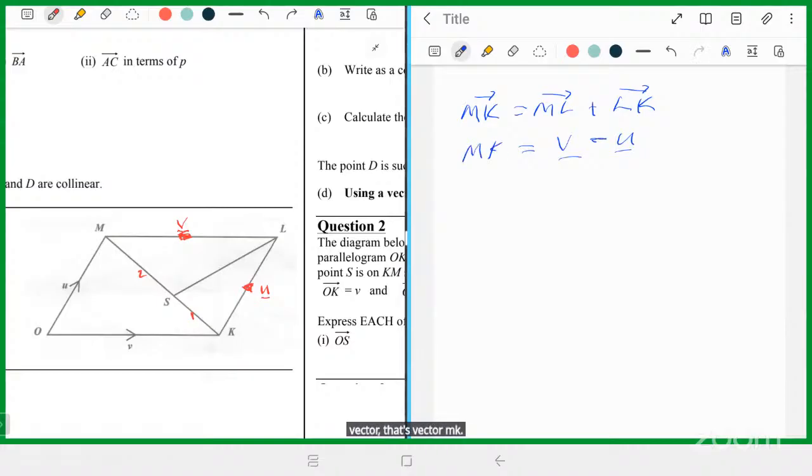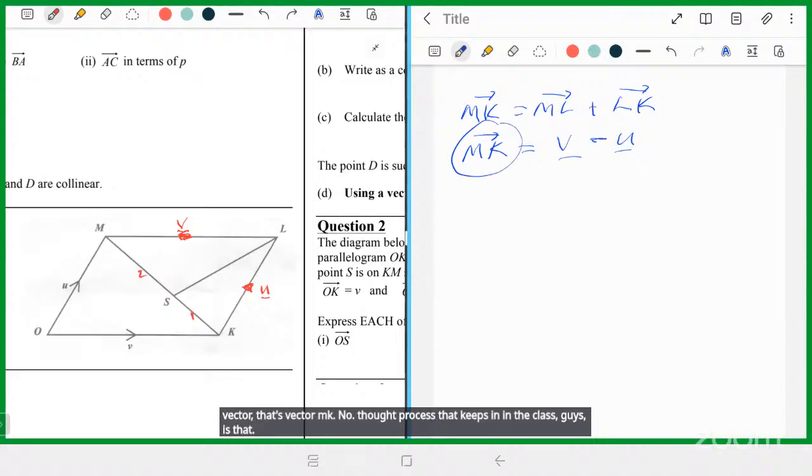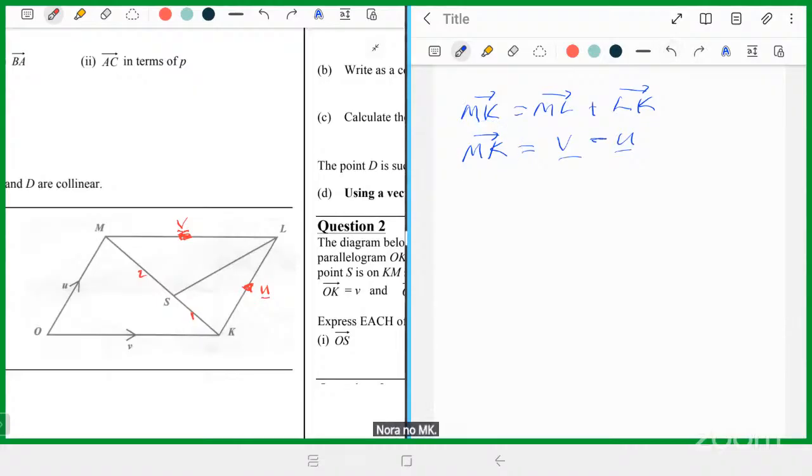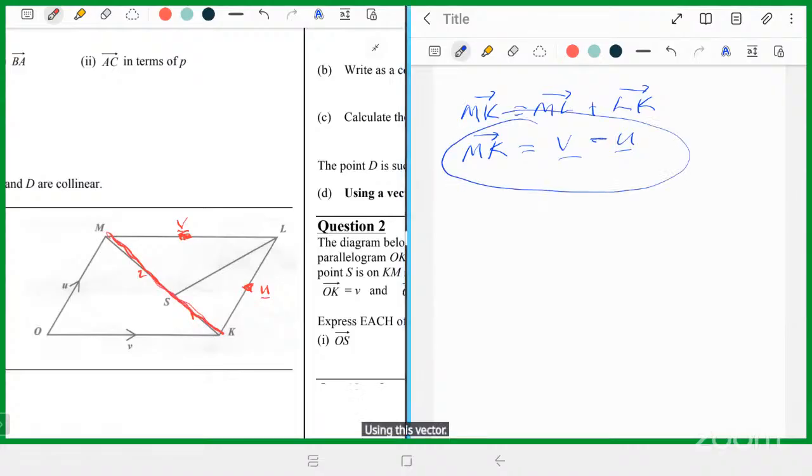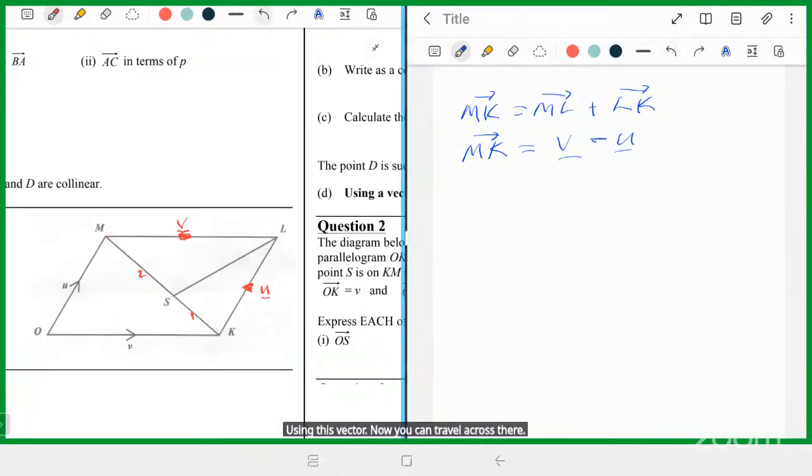Now, the third process I keep saying in the class, guys, is that now that you know MK, you have to think as if you can now travel across here using this vector, because you now know it. You can travel across there a fraction of the way.